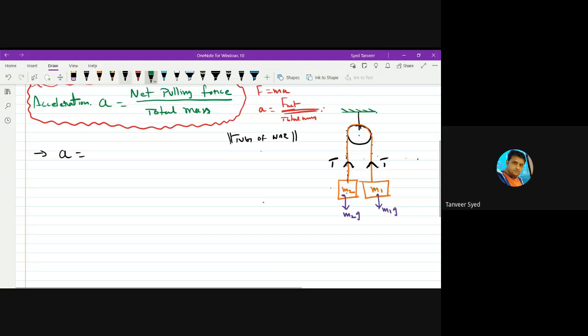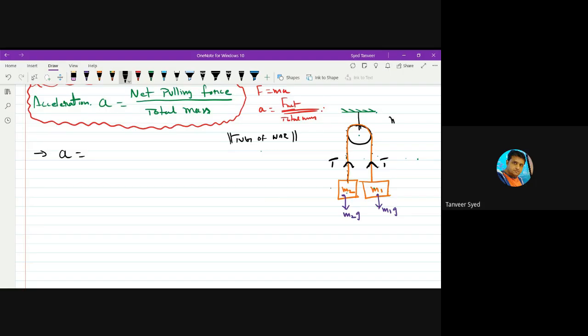Then in the formula for net pulling force, I should take only M1G and M2G. Using M1G and M2G, what is the net force? Is it M1G plus M2G, M1G minus M2G, or M2G minus M1G?